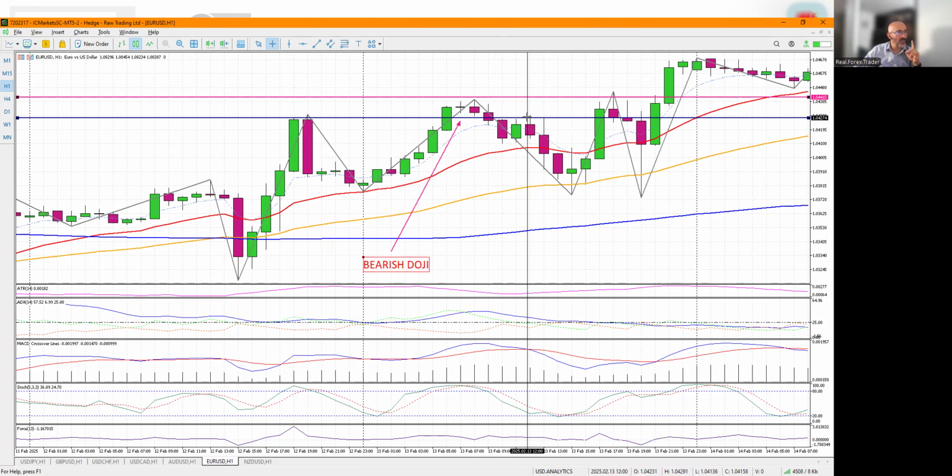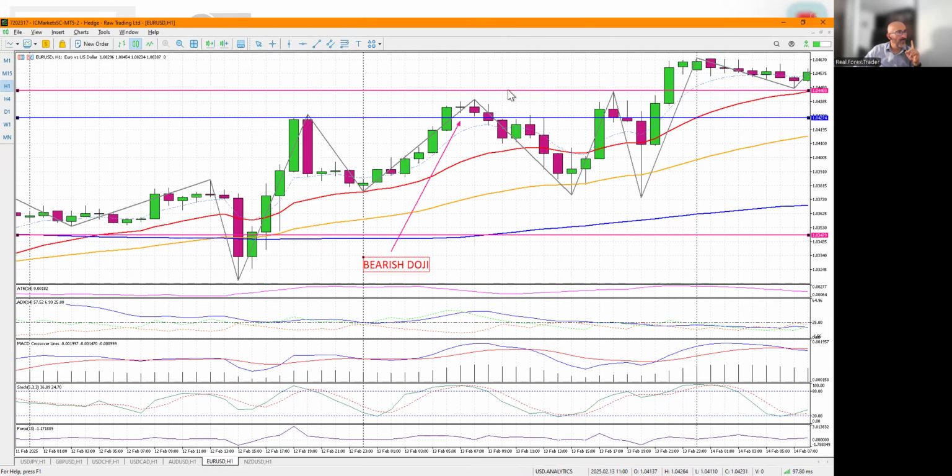So if this is my entry point, my stop loss, ideally, in order not to be stopped out, should be here around the price of 4493. So my stop loss is here, right?